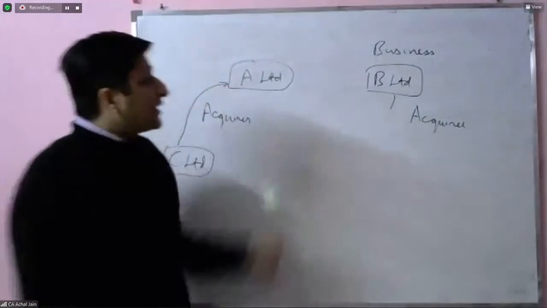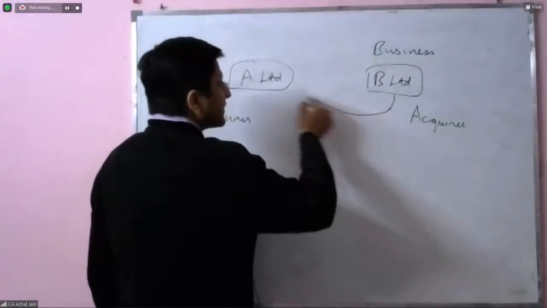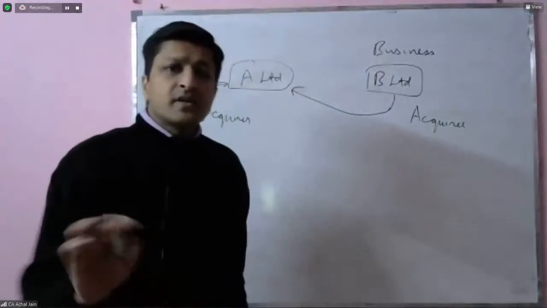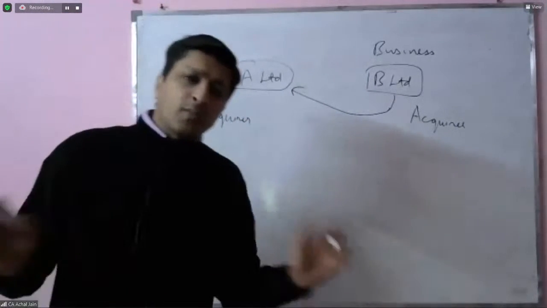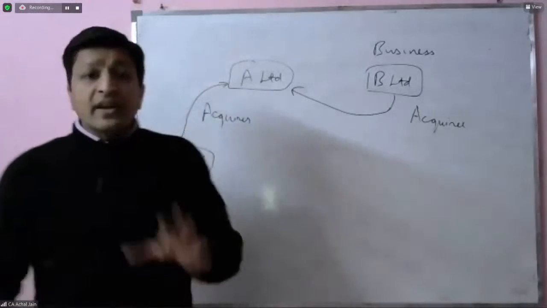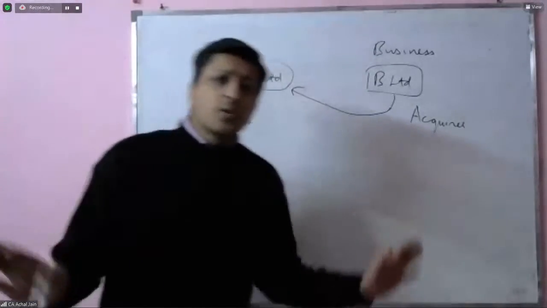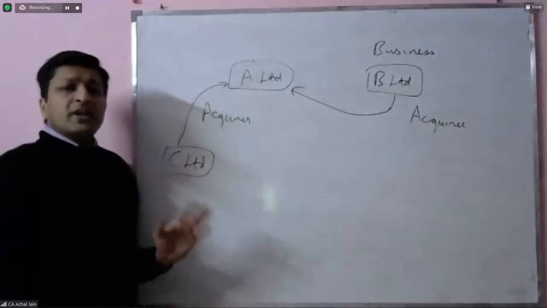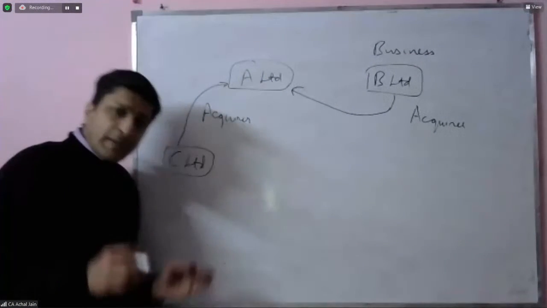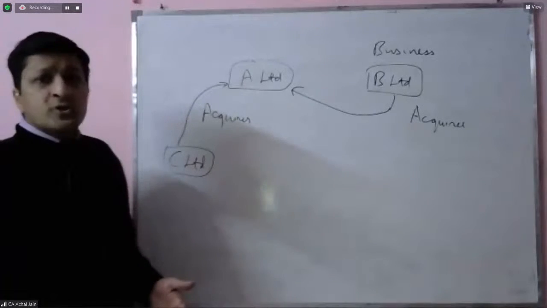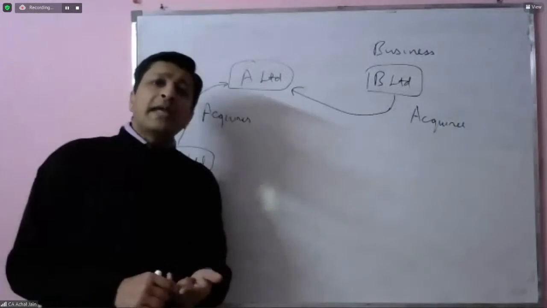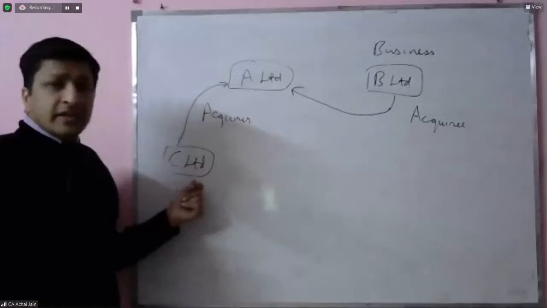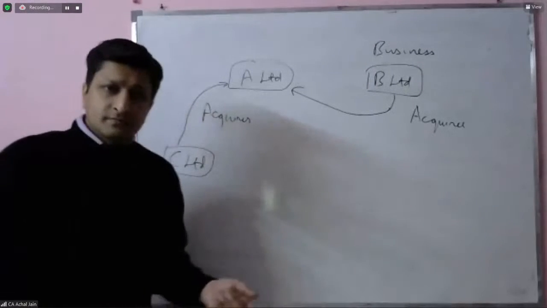See, when B Limited's business is getting acquired, we are saying Ind AS 103 will not apply. So there is no problem over here. But in case of C Limited, we understand Ind AS 103 applies. Now a question arises, who will apply Ind AS 103? Will it be A Limited, will it be C Limited, or will it be both?